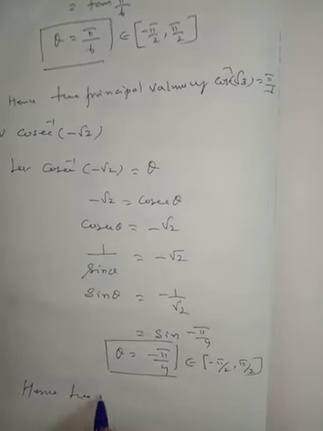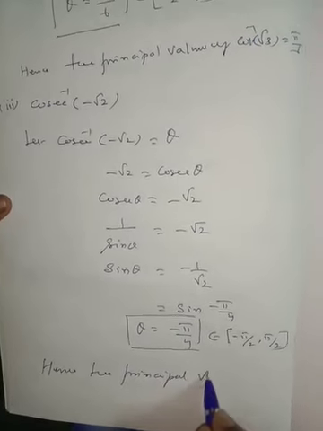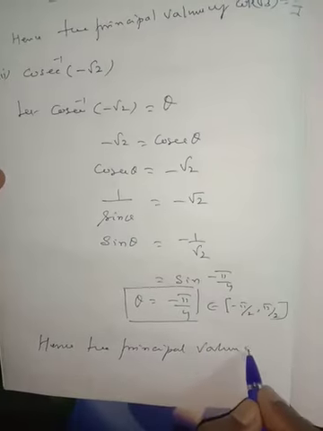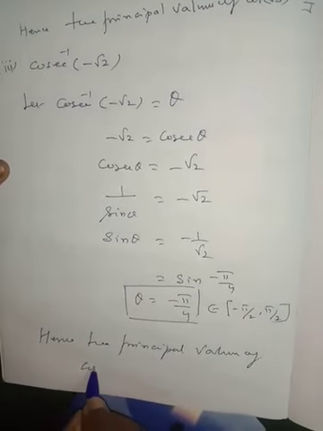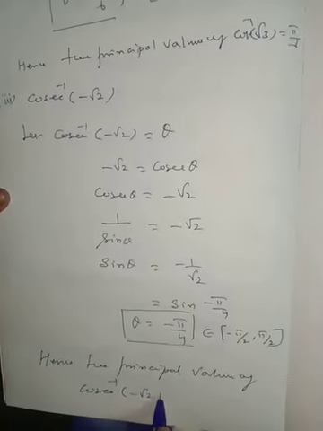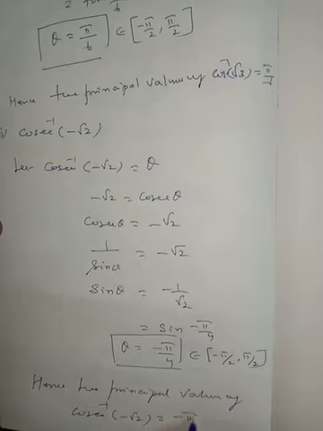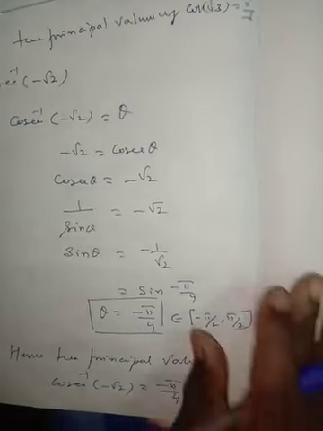Hence the principal value of cosecant inverse of minus root 2 is equal to minus pi divided by 4.